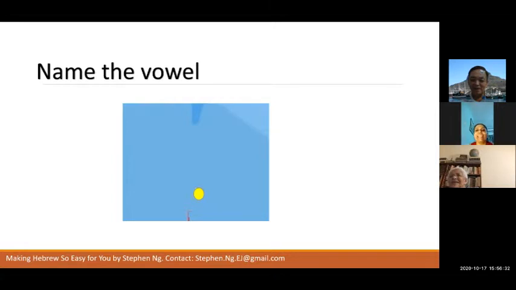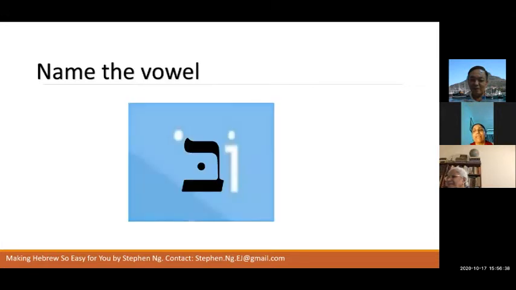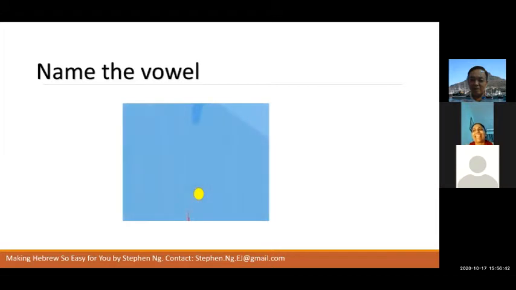What is the sound that it gives? The hirik, ee. Yes, the ee sound. Very good. And it is placed at the bottom, below the letter, below the consonant.